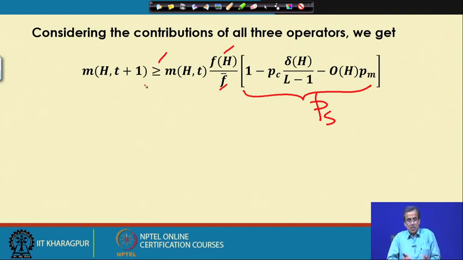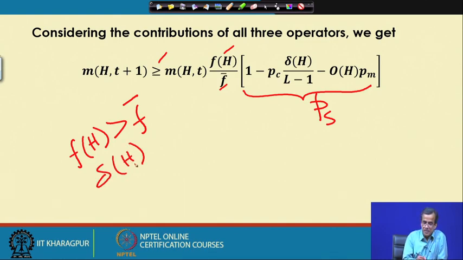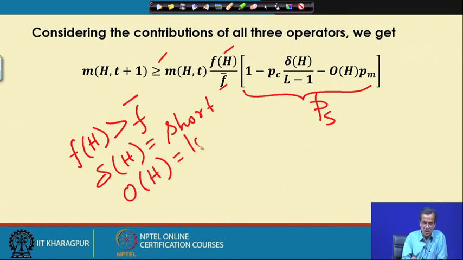Now, let us see what does it mean, what is the conclusion from this particular expression. Let me take a very hypothetical situation. Supposing that F h is greater than F bar, that is the schema fitness is more than the average fitness, say delta H, that is the defining length, is short, then comes O H, that is the order of schema H, that is say low.